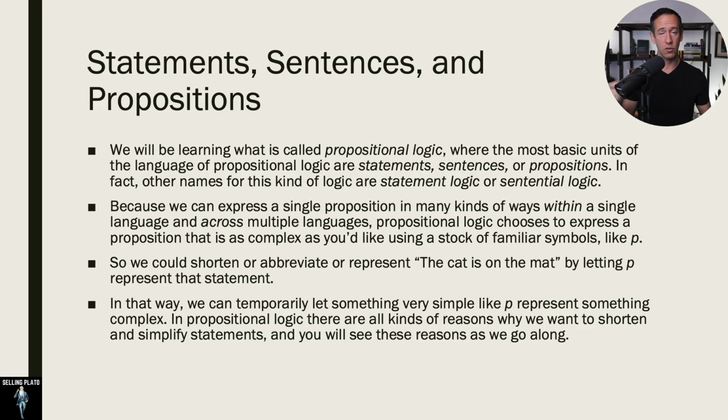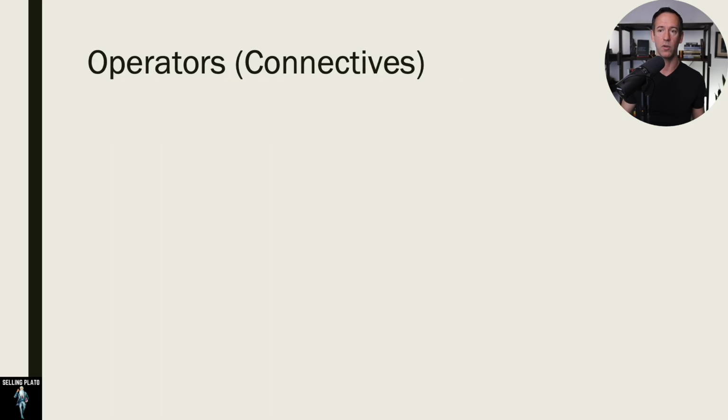And it also shortens what you have to write and manipulate, so it's much more efficient. We can do so many more things with just a single letter more quickly and let it represent something very complex. So that's one of the reasons why we do what we do in this language.